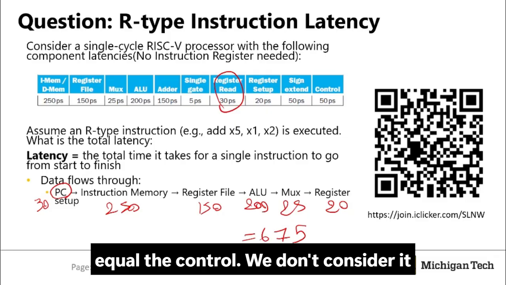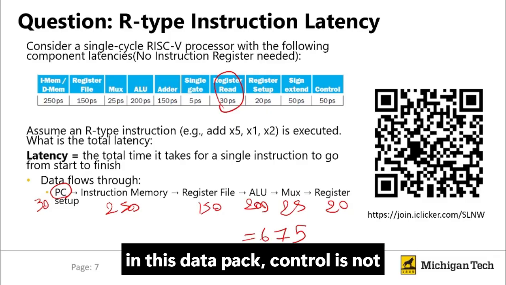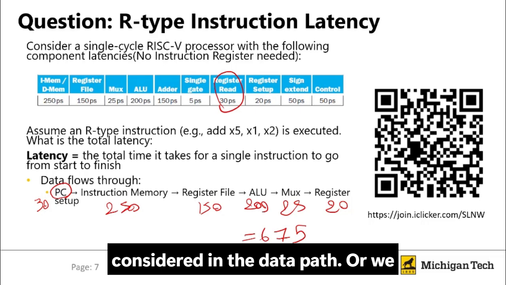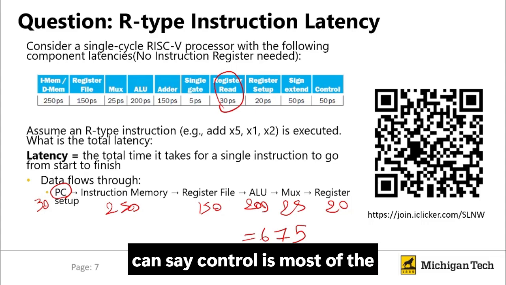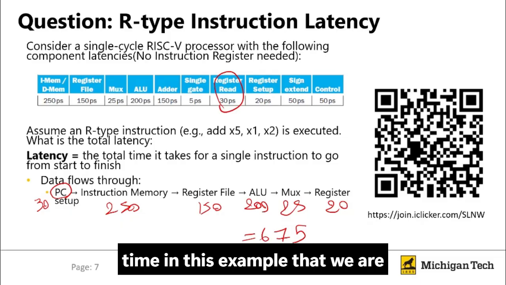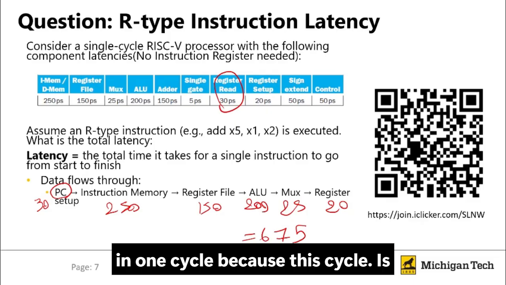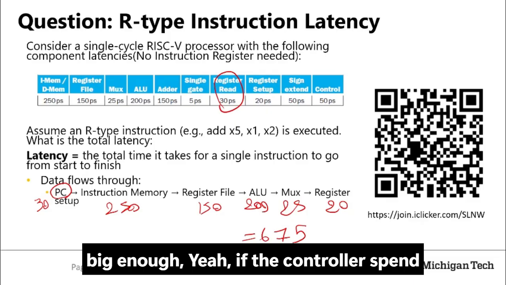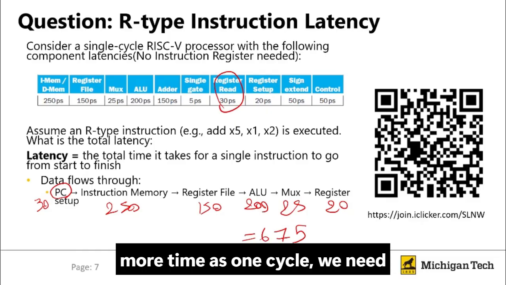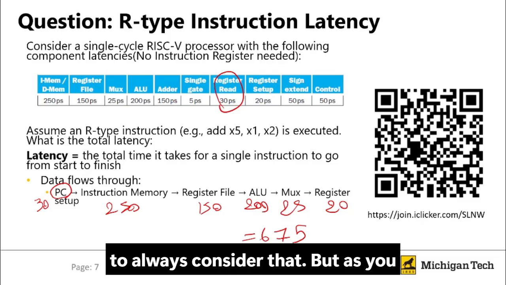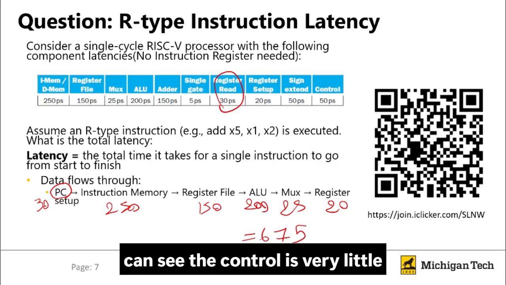The control we don't consider in this data path. Or we can say control is, most of the time in this example where we are in one cycle, hidden because this cycle is big enough. If the controller spends more time than one cycle, we need to always consider that. But as you can see, the control is very little.